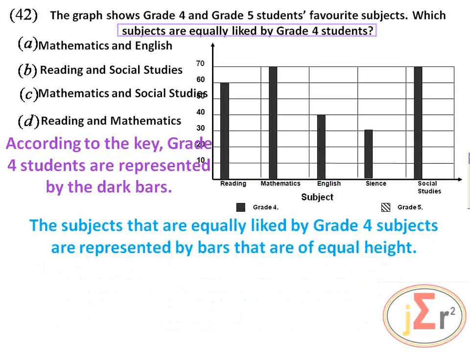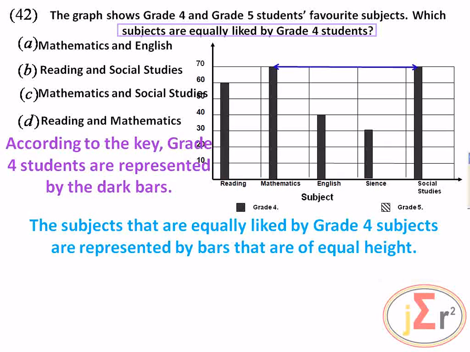The subjects that are equally liked by grade 4 students are represented by bars that are of equal height. So the bars of equal height will be for the subjects that are liked equally by grade 4 students. Mathematics and social studies. Right. So they are mathematics and social studies.